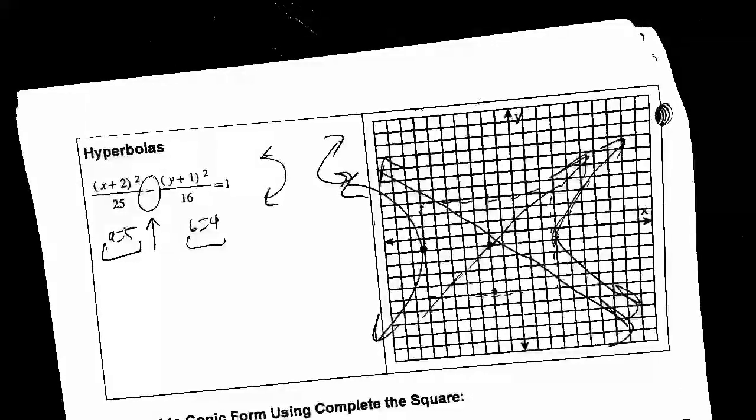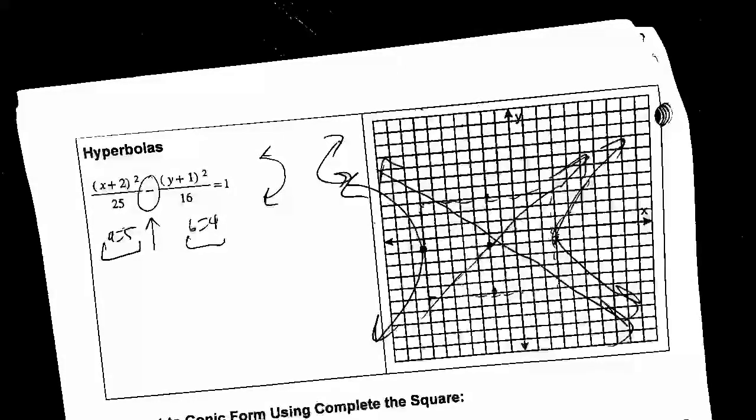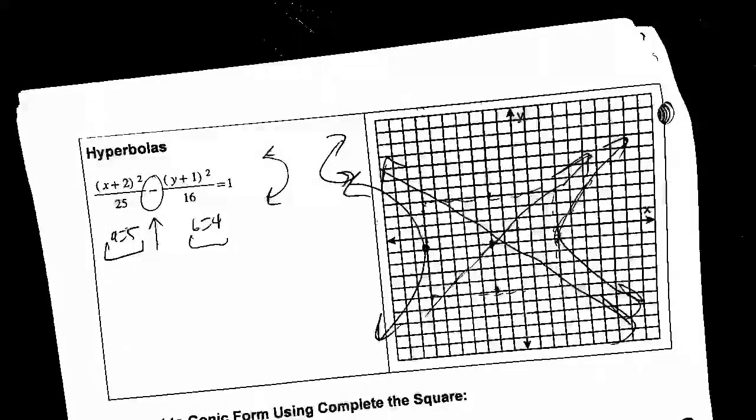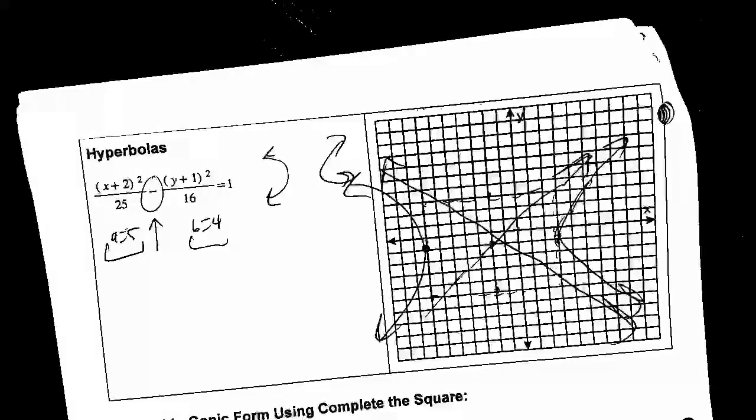So if whatever value, whether it's a or b, is under x, that's going to be left or right. If it's under y, it's up and down. If it's moving left to right, the vertex is under the x. If it's moving up and down, the vertex will be under the y.